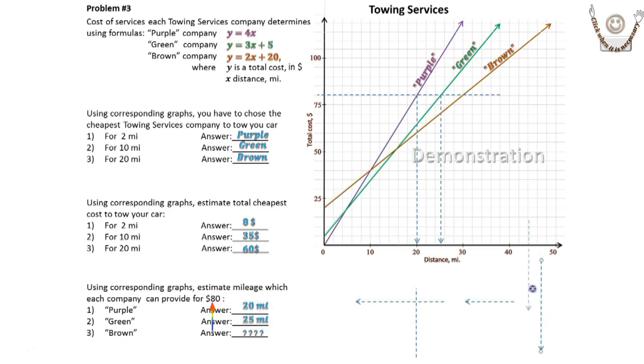And Brown company, sometimes it's not easy, but it's possible to correct, or you can use better scale. So answer is 30 miles.